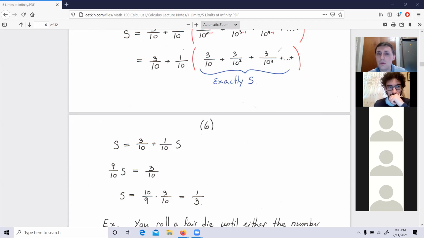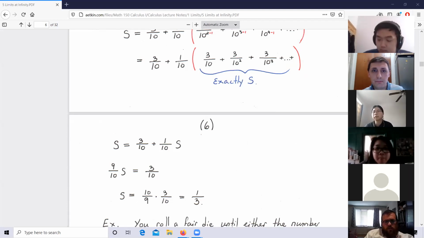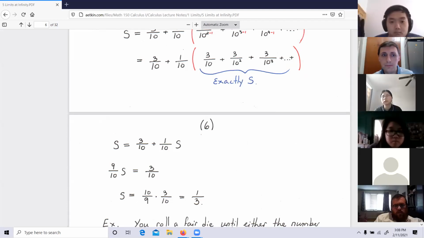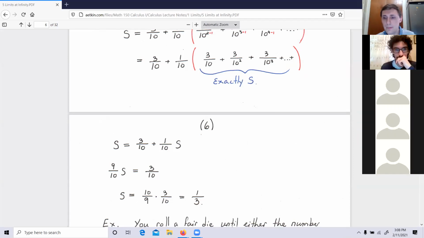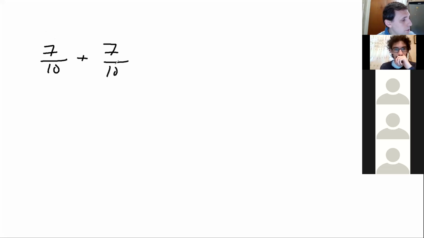Let me check that you understand what the summation is. I'm going to give you a sum, and you will tell me what it equals in fraction. Good? So tell me, please, what is 7/10 plus 7/10 squared plus 7/10 cubed onwards?